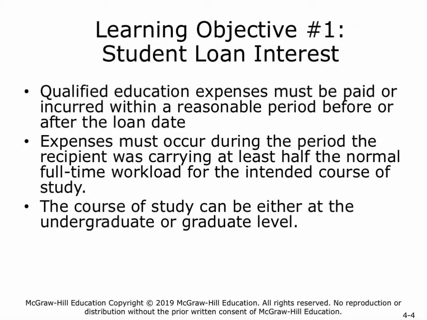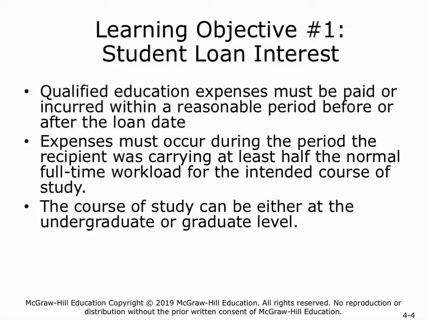Now, the qualified educational expense also must be paid and incurred within a reasonable time before or after the loan date. So if you took the loan within one term and the educational expense occurs within that same term, that's likely going to be a reasonable period. If the educational expense occurred either in a prior term or the following term, then that might raise an issue in terms of whether it was related to that loan or not.